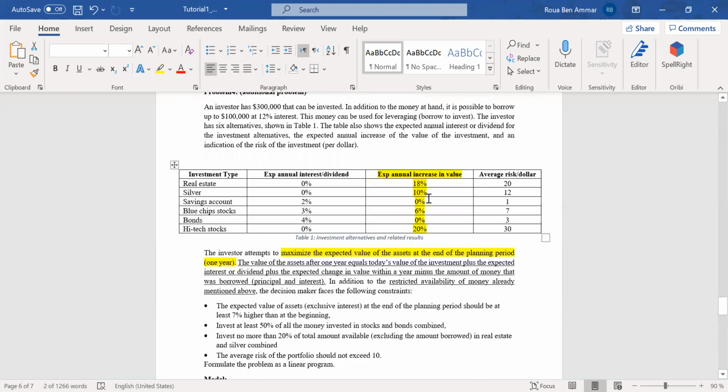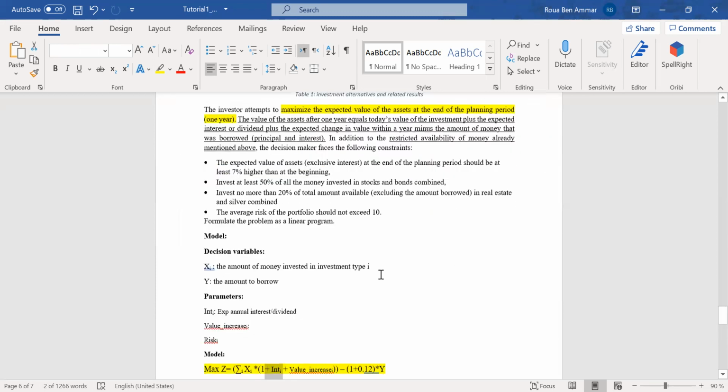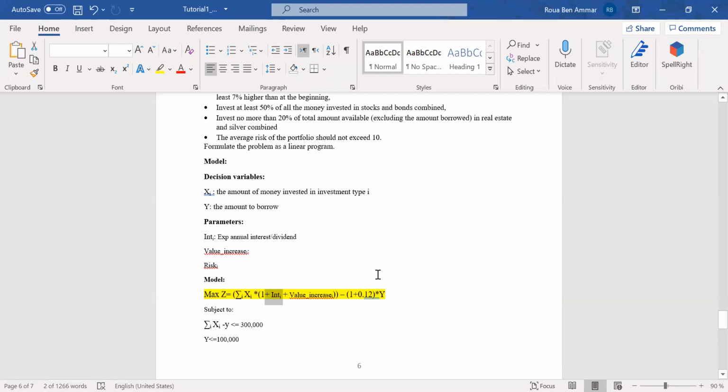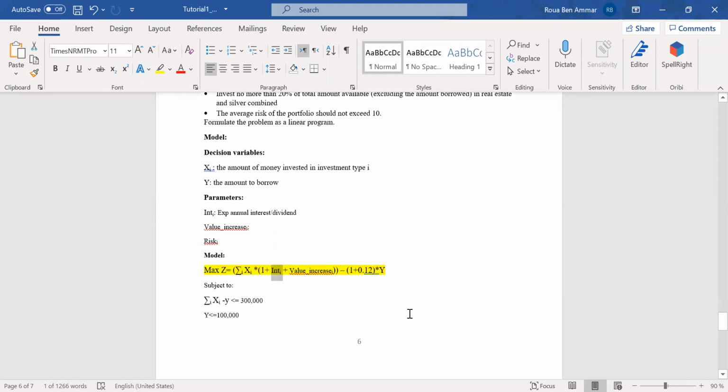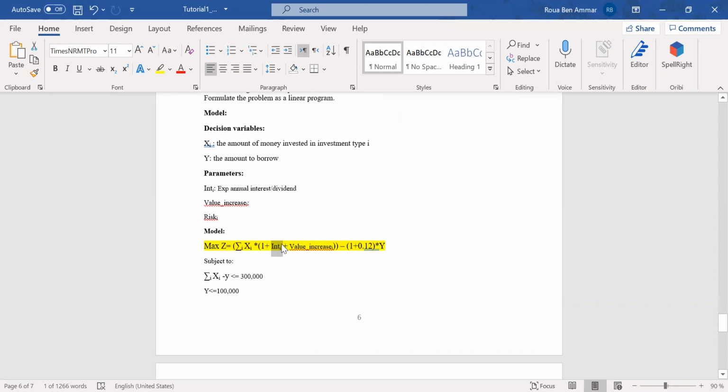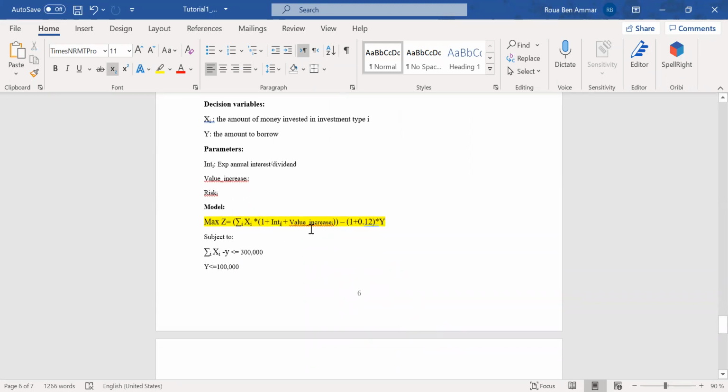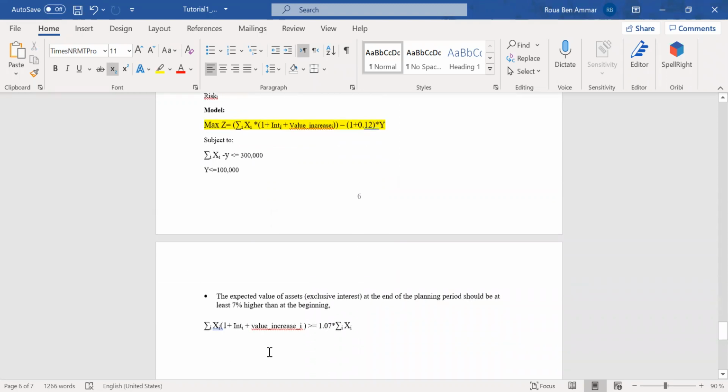Last time we made a mistake, and I told you in the group when I uploaded the notes that we should add the interest. It's the same expression as in the objective function, and it should be greater than or equal to 1.07, meaning the original value plus 7%. Clear? Yes. Okay.